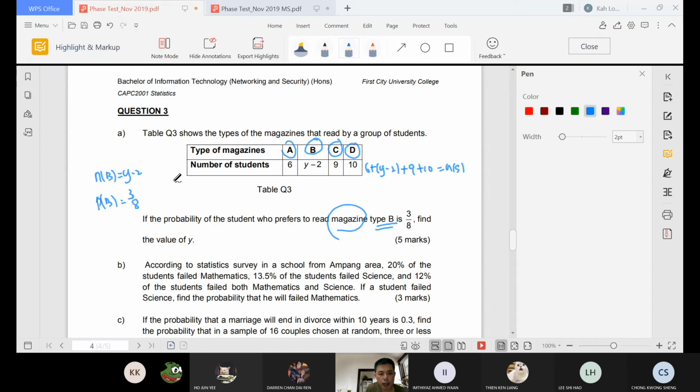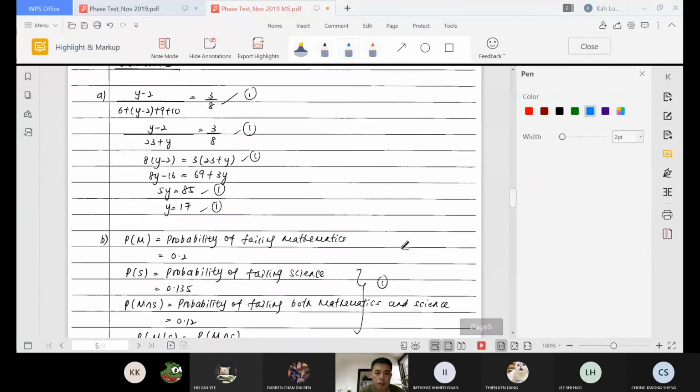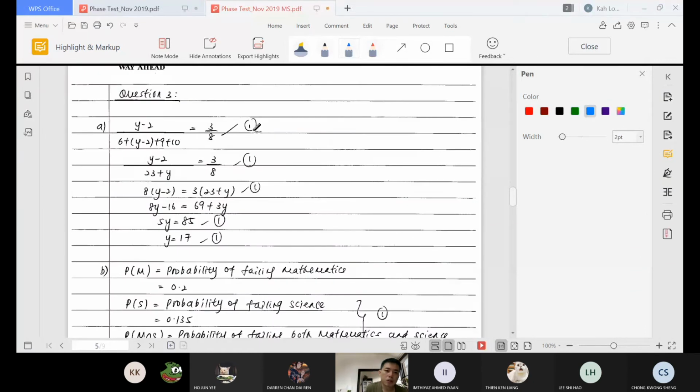So how are you going to link all this? (Y minus 2) over (6 plus Y minus 2 plus 9 plus 10) equals 3/8, and then you find your Y. This is how you find the value of Y. So you look at the answer: for magazine type B, the probability is 3/8.